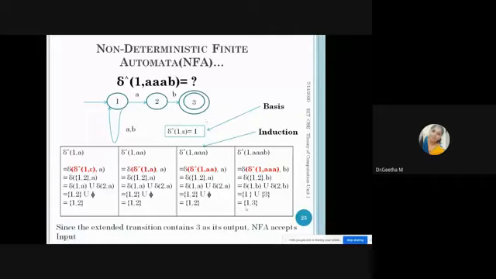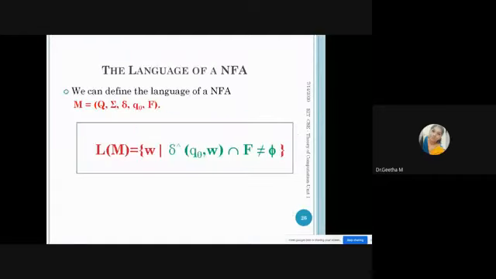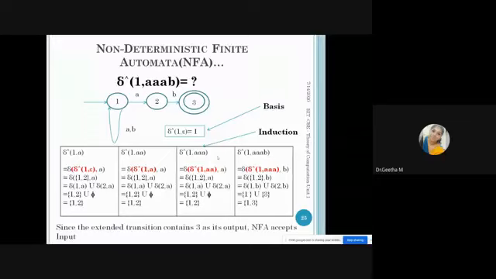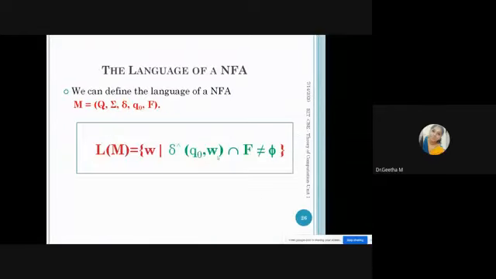Along with 3, you have also got 1 in the output after processing the last symbol. So the intersection between the final states and delta cap of Q naught comma W is not equal to empty set. We should have some common terms between the final states and the result. Here the result is 1 comma 3, the final state is 3, so the intersection is 3.